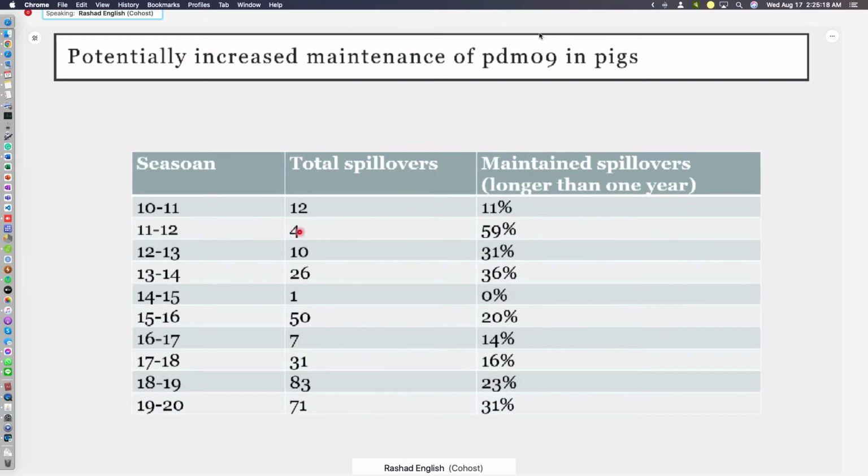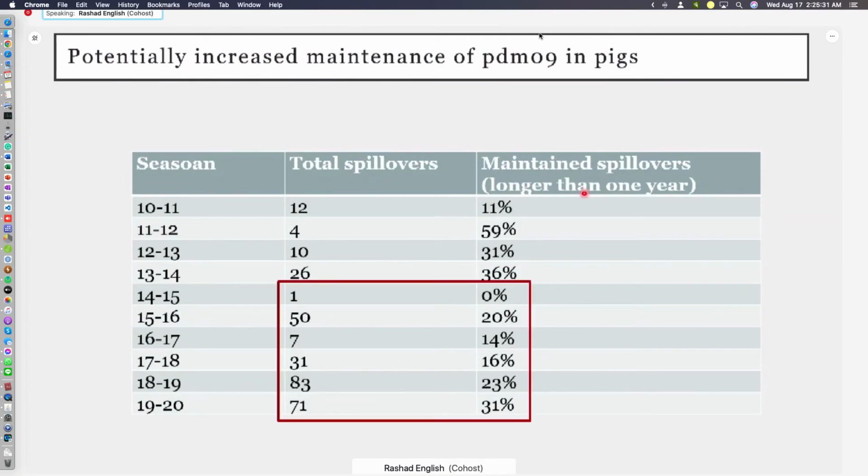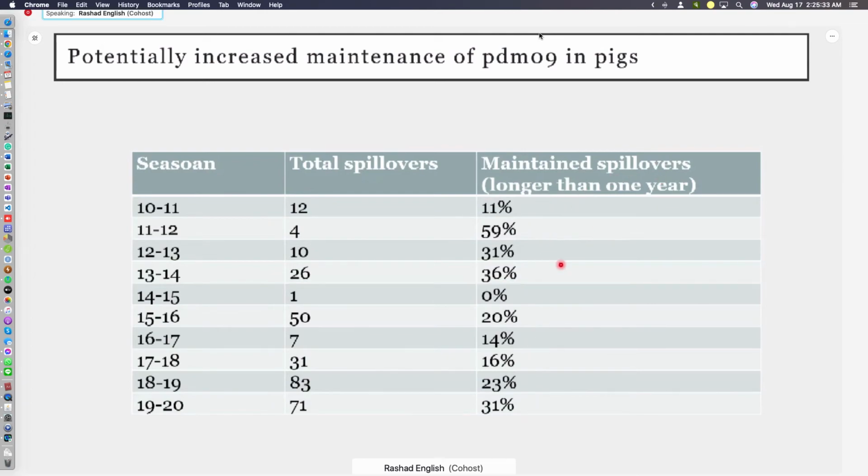Here's a breakdown of the total number of spillovers by season. In this column, you can see the percentage of spillovers that were maintained in pigs for at least a year. This data, you can imagine, is biased, because the longer you wait, especially for earlier seasons, the higher the chance that you will pick up some longer spillovers.